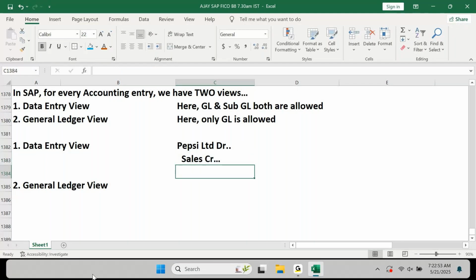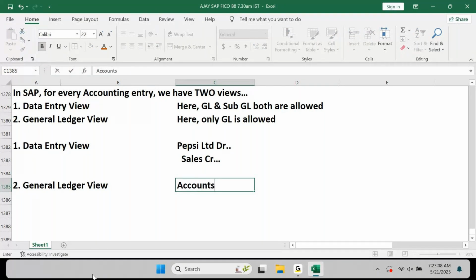Agree? Pepsi is who? Accounts payable, accounts receivable, or asset accounting? Accounts receivable. Now I have to replace Pepsi with accounts receivable. Accounts receivable debit, sales credit. Clear?